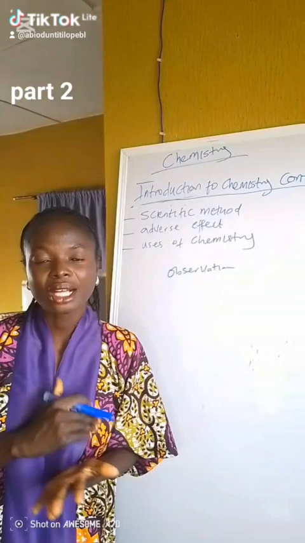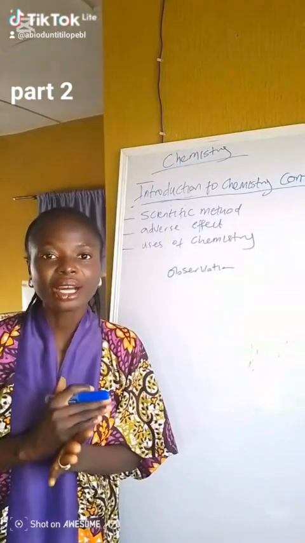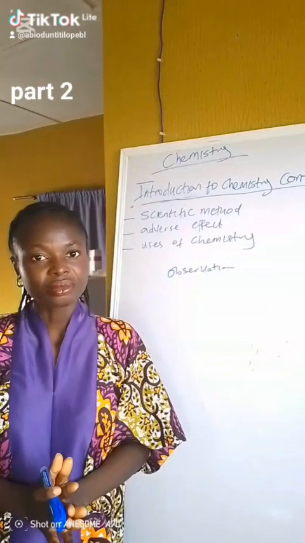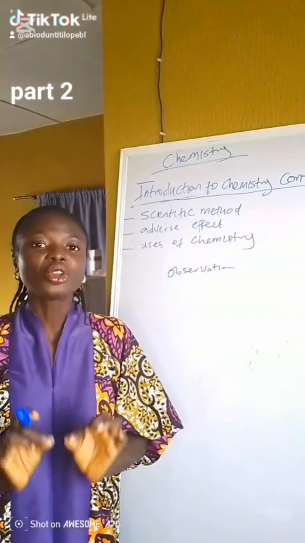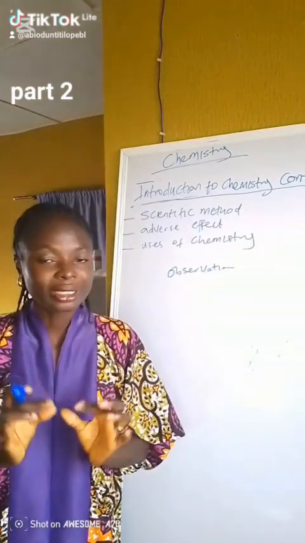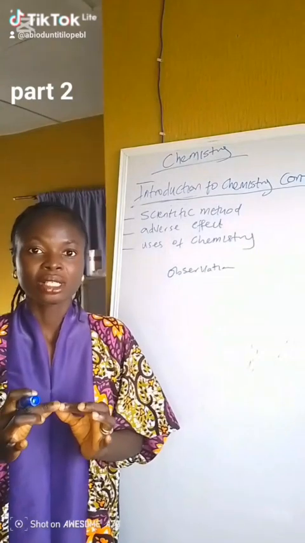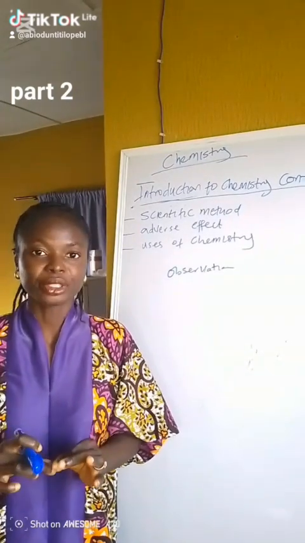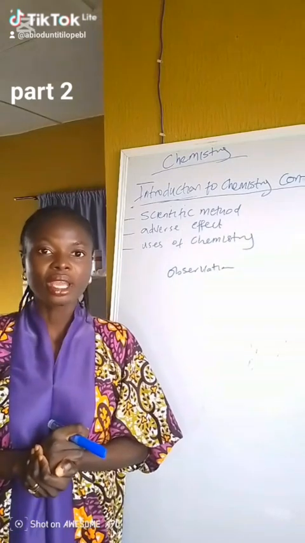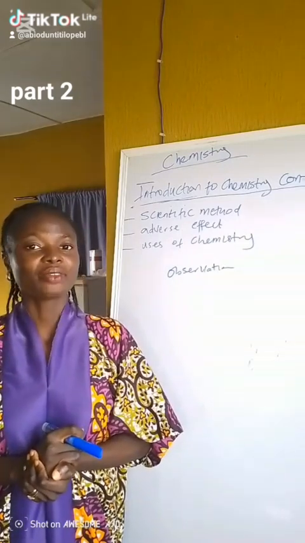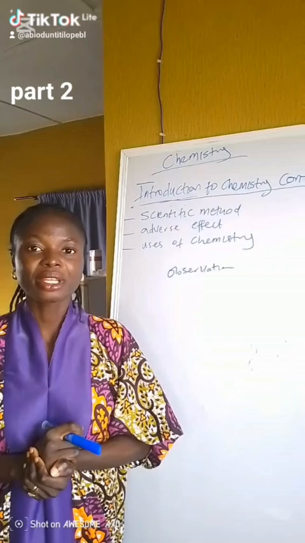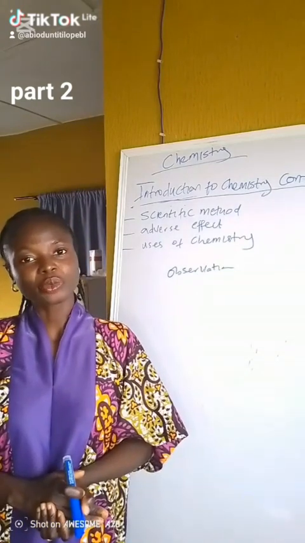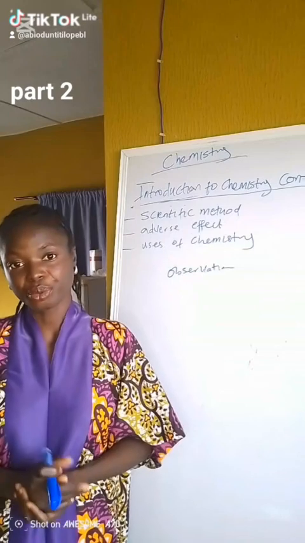And after that, they bring out something called theory. A theory cannot be propounded except they are sure of their analysis in the laboratory. So when the theory has been propounded and they are very sure of the experiment they performed in the laboratory, then they come up with a law or principle.